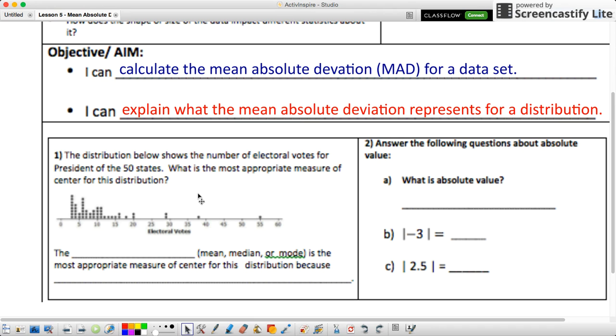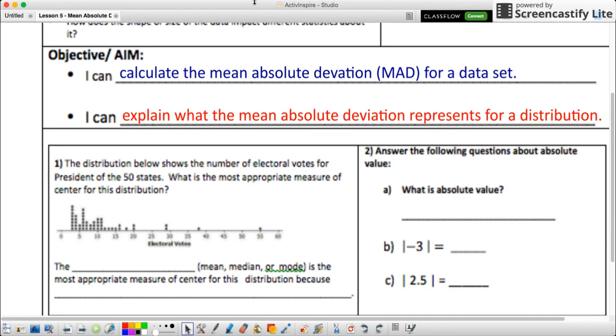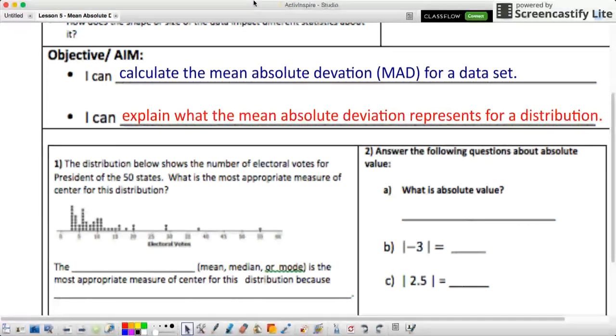Taking what we know about distributions, particularly when there's numbers that are far away from the rest of the data, numbers that are called outliers. This number right over here we could call an outlier because it's far away from the rest of the data. Notice there's a gap here. The data is really clustered right around here. This is the cluster of the data.